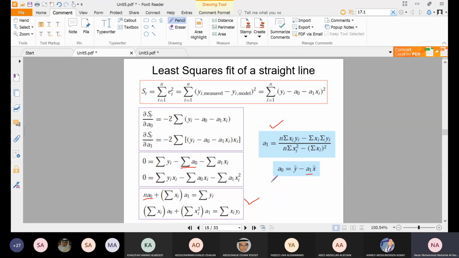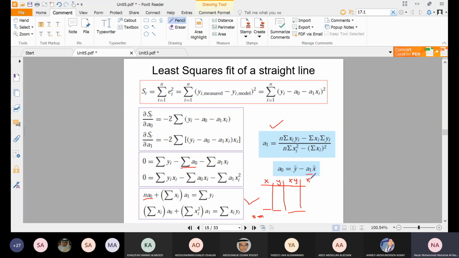That means in our table, for example, if I have x data and y data, to find the coefficients I need a column for x multiplied by y. After that, I will take a sum at the end. Here also I need a sum for x, and I multiply by the sum of y.